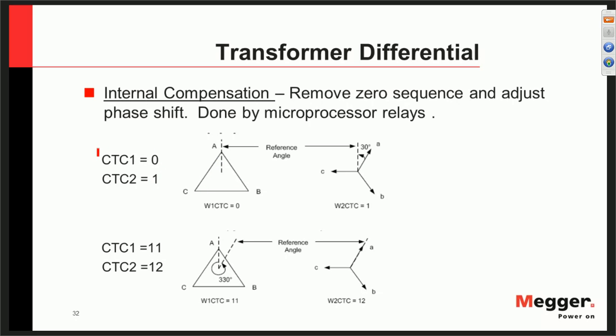If you put the settings like this, the relay will understand automatically, and it will compensate for the phase shifts. And in doing the compensation for the phase shifts, you are also eliminating your zero sequence. You can clearly see that mathematically, though I have not shown it here.